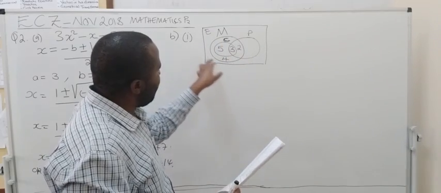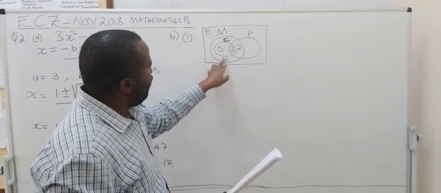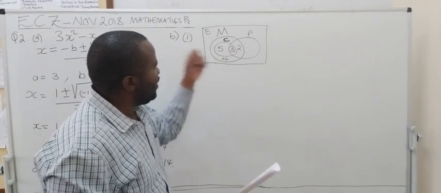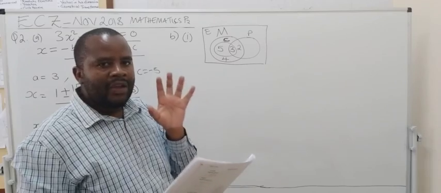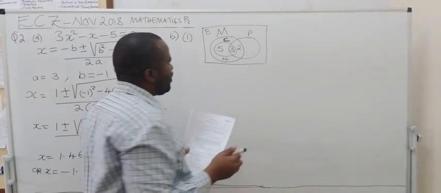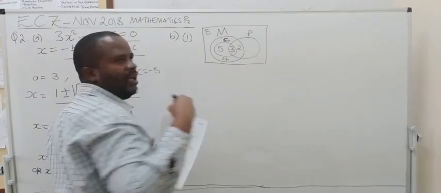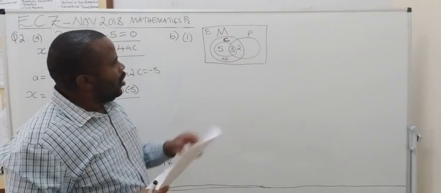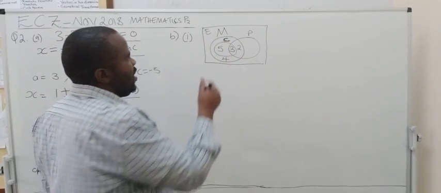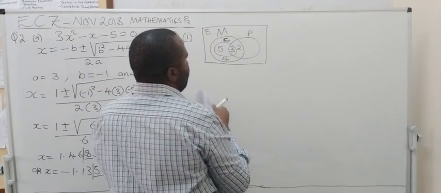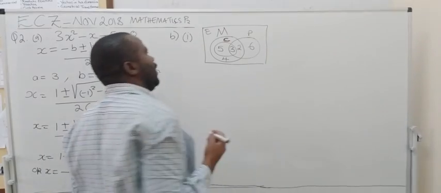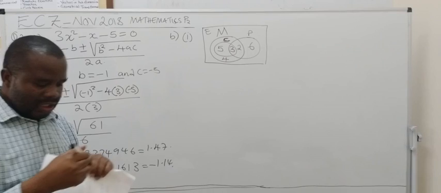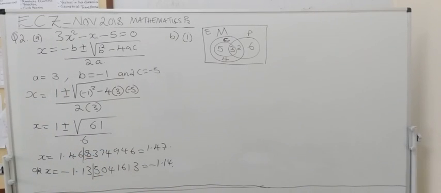So when you add up all these, 4 plus 5 is 9. 9 plus 3 is 12. 12 plus 2, you have 14. And the total here should be 20. So what are you going to do? You're going to say the total 20 minus 14. It means the 6 should be here. And that is your set.